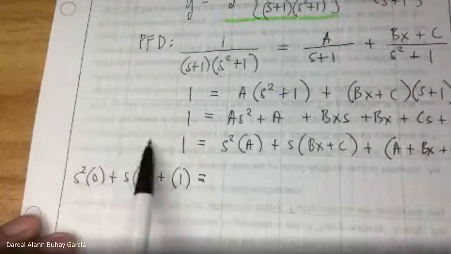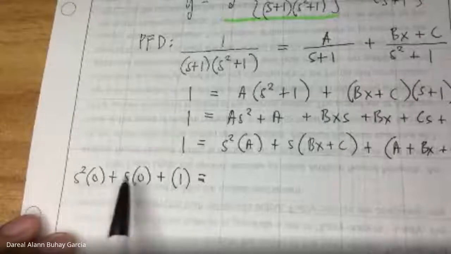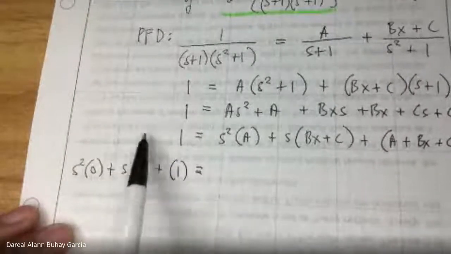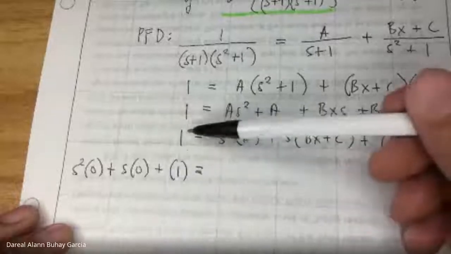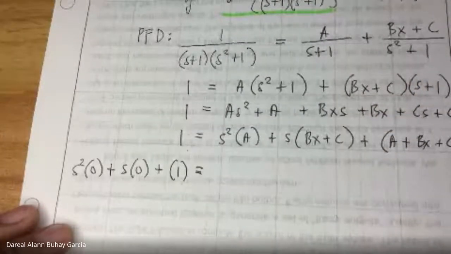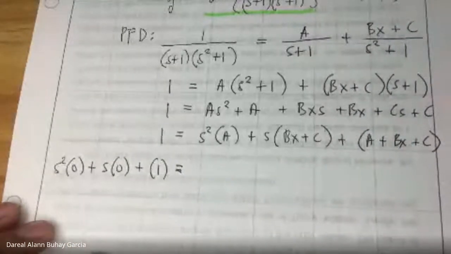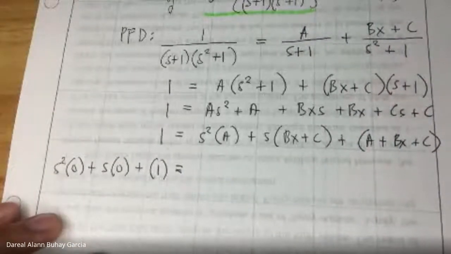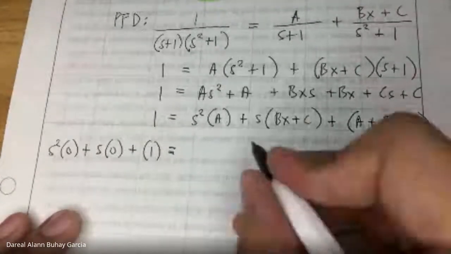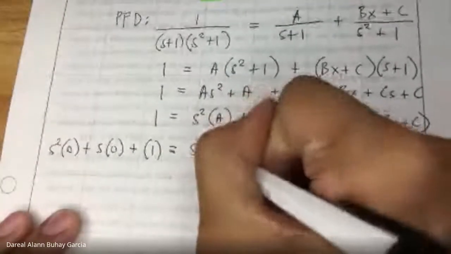We don't have s squared here, so I think this is correct. That's my logic. How this one became this one, so that the equating of the coefficients later is clearer. So just copy it to the other side.